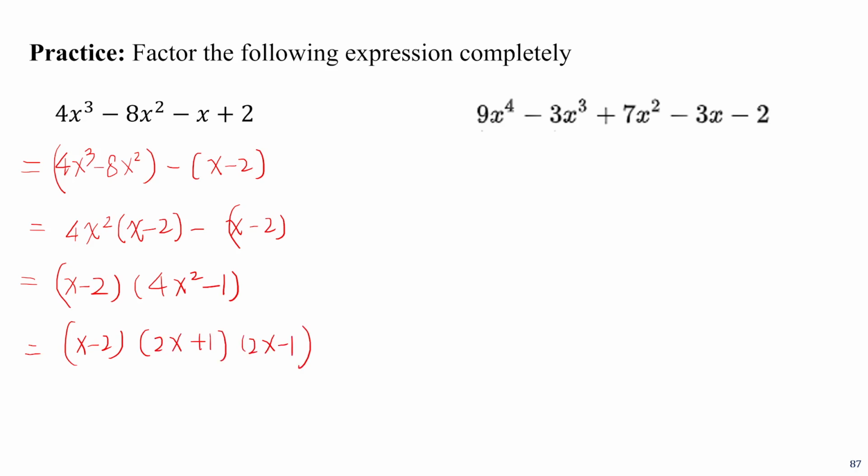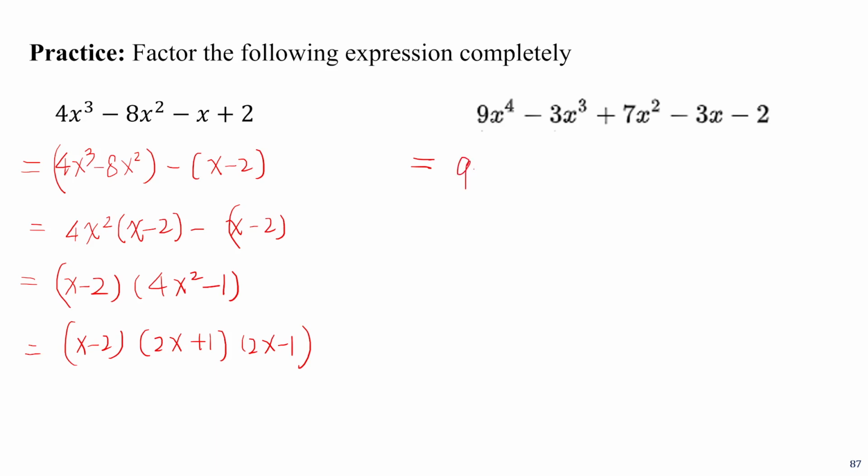How about the second one? Again, if you want to use factoring by grouping, we cannot just group them like this, because then you will have a negative 2, right? Isolated term. So it doesn't work this way. So somehow we need to group them such that the ratio between two adjacent coefficients must be equal, right?